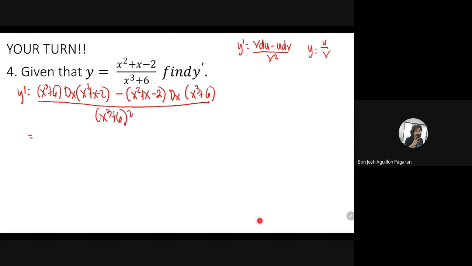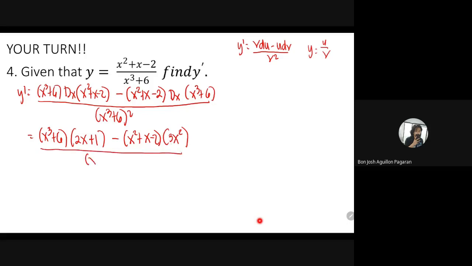So we have now x cubed plus 6, derivative of x squared plus x minus 2 is 2x plus 1, minus x squared plus x minus 2, derivative of x cubed plus 6, that's 3x squared, over x cubed plus 6 quantity squared.